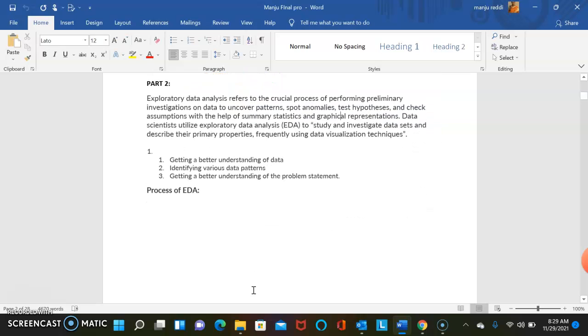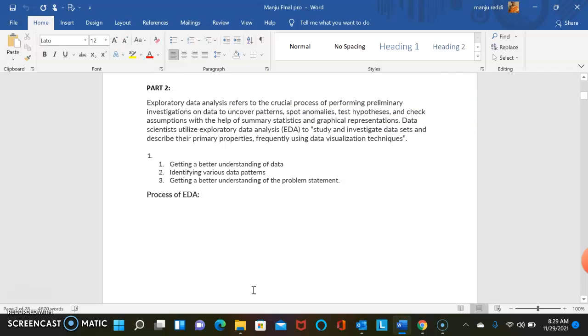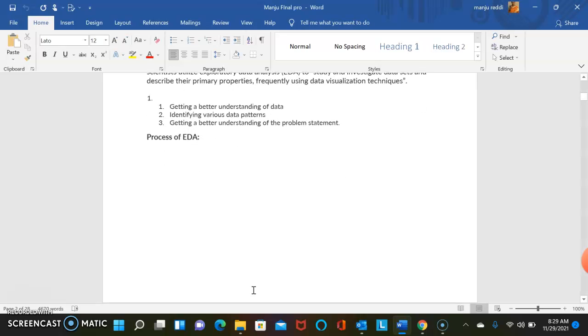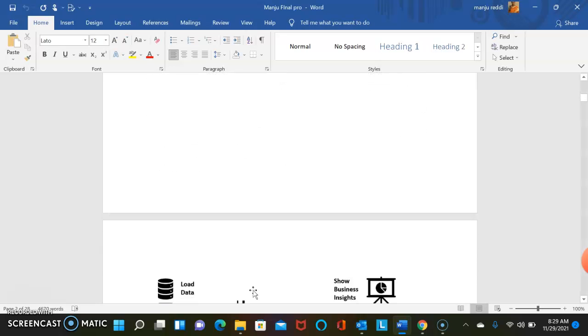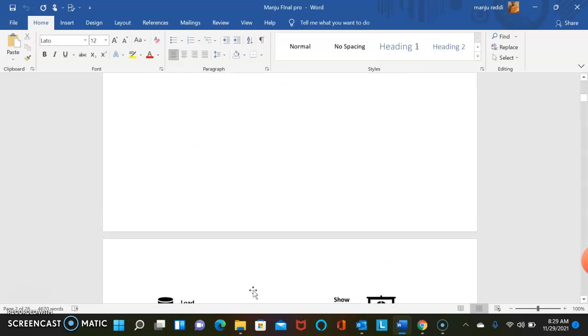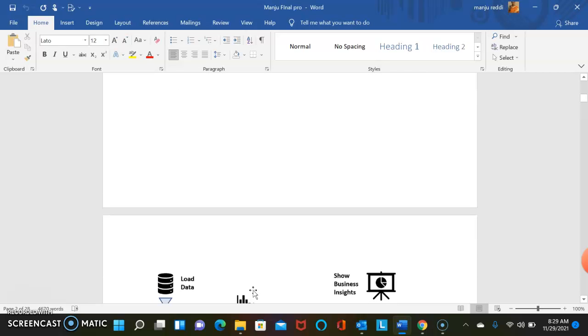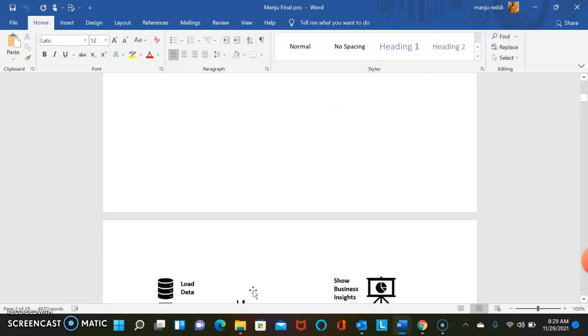Here we go with the process of EDA, and we also have the data visualization types, exploratory data analysis, process of EDA.